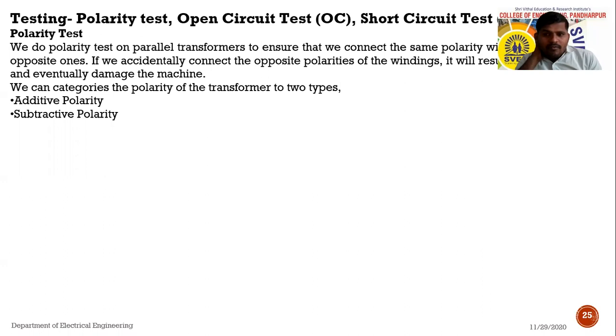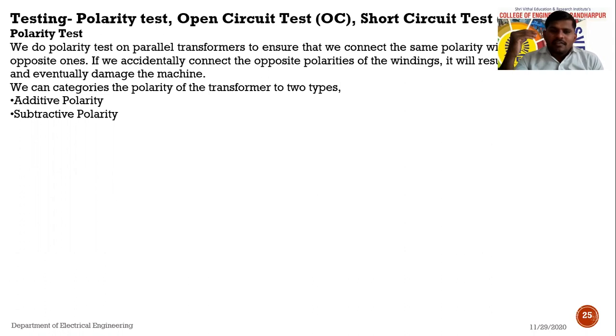Now see, while operating two or more transformers in parallel, at that time we should understand the polarity of the transformer. That means the same polarity of the first transformer can be connected to the same polarity of the second transformer.